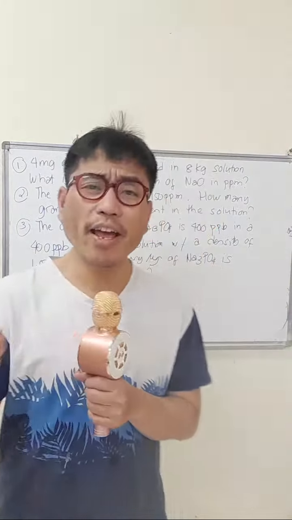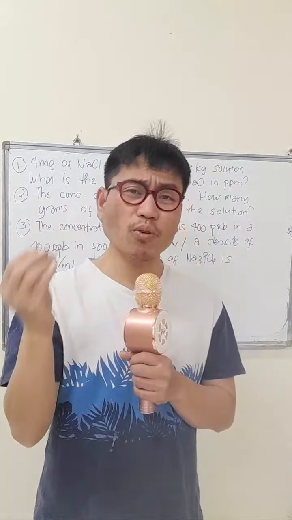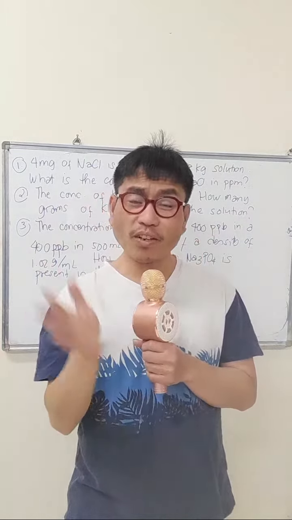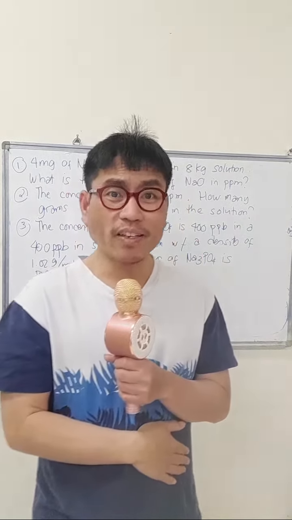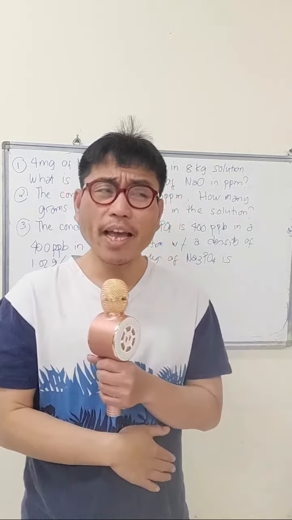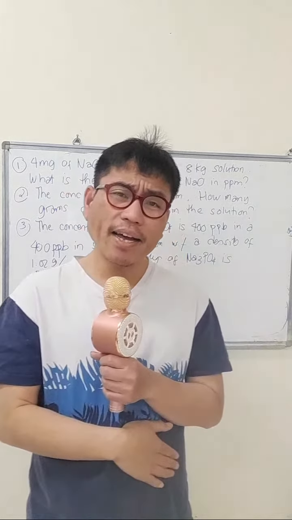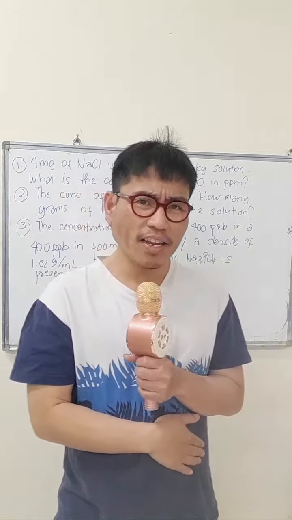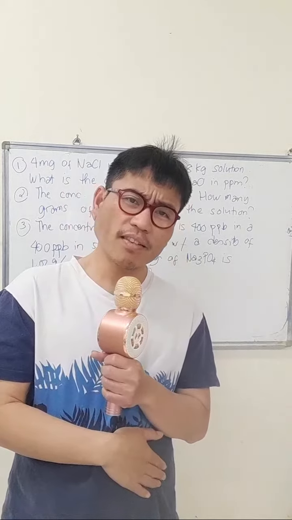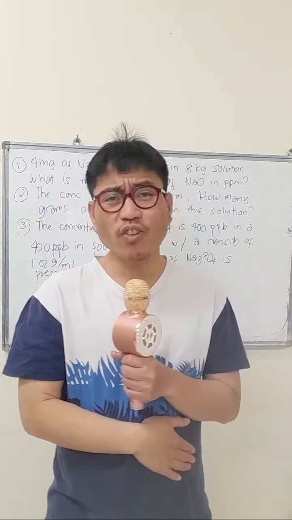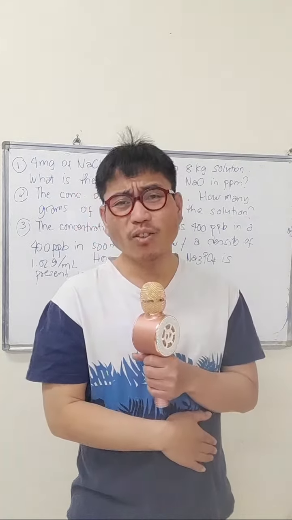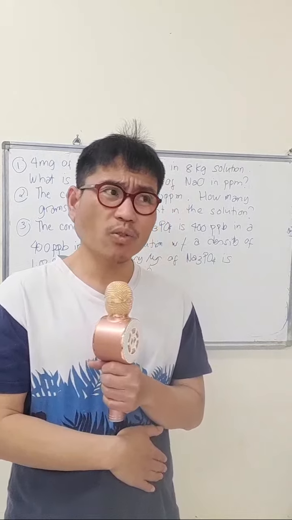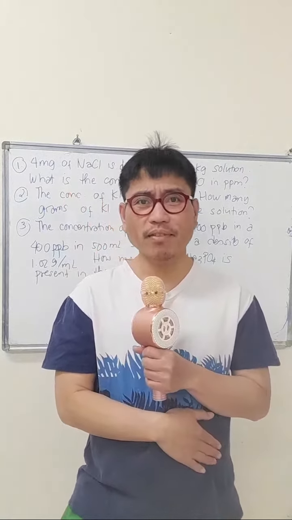Parts per million is grams of solute divided by grams of solution times 10 to the 6. What is 10 to the 6? Remember the prefixes I taught you a while ago. That is mega: mega, giga, tera, peta, exa. 10 to the 6 is mega, 10 to the 9 is giga, 10 to the 12 is tera, 10 to the 15 is peta, 10 to the 18 is exa.